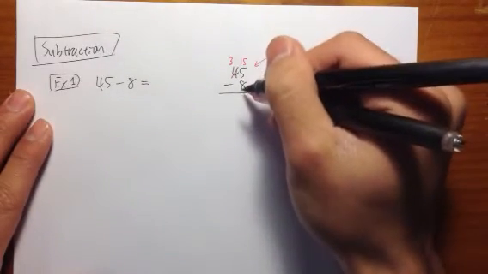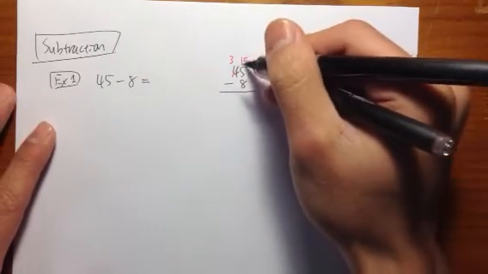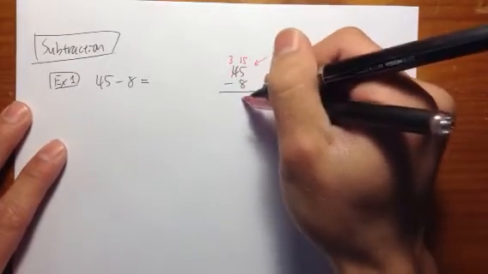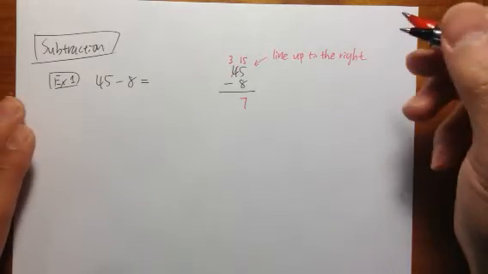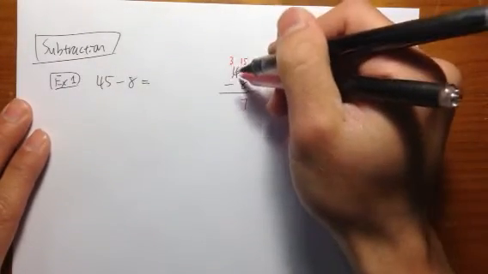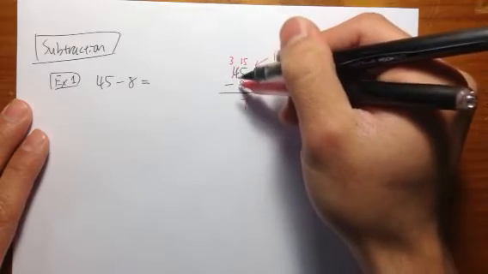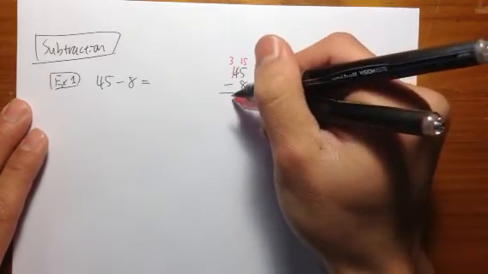So 15 minus 8. You can think about it as if you have 15 donuts, you take away 8 donuts, you have 7. Okay? And then since you changed the 4 to the 3, 3 minus 0, so you still get 3.